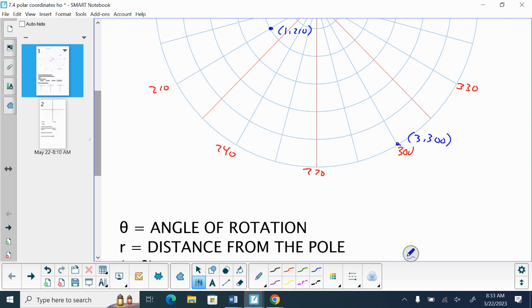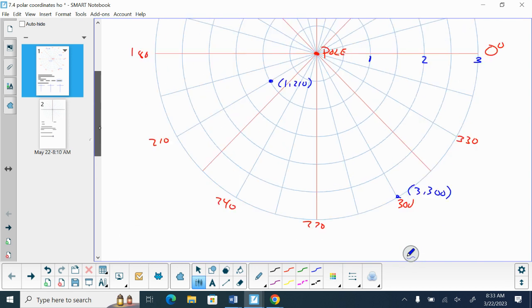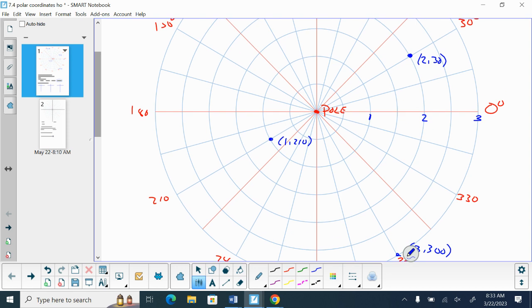But I need to go -3 along the 300 line. So if I go -3 along the 300 line, I start here, counting out here would give me a +3. To go -3, what do we have to do? Go the opposite direction. So what line would we go out then?